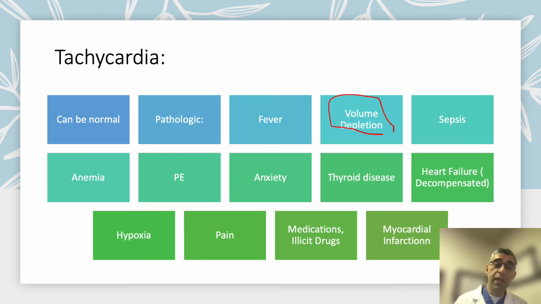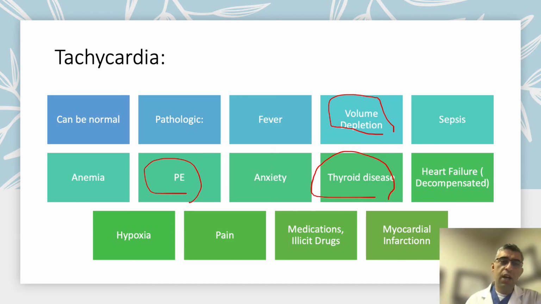We have pulmonary embolism, PE, which is another situation. It can increase it. Anxiety, as I said, can elevate the heart rate. Thyroid disease, especially hyperthyroidism. When we have a heart failure problem, especially decompensated, the heart goes faster in order to compensate. That's a very normal response, which shouldn't be normal because that makes the situation worse.